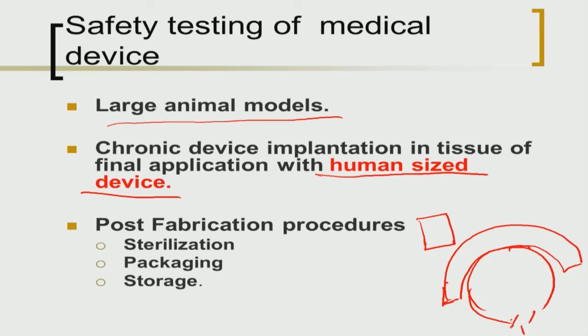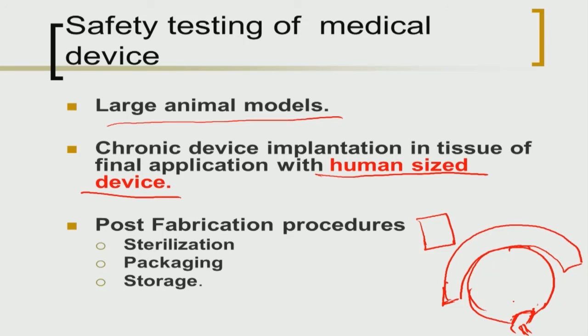Okay? And therefore, it is important to use the same device size, so that acceptance of that human sized device can be better assessed in relatively large animal models. Since you are using a human sized device, one cannot use small animal models in this particular case.